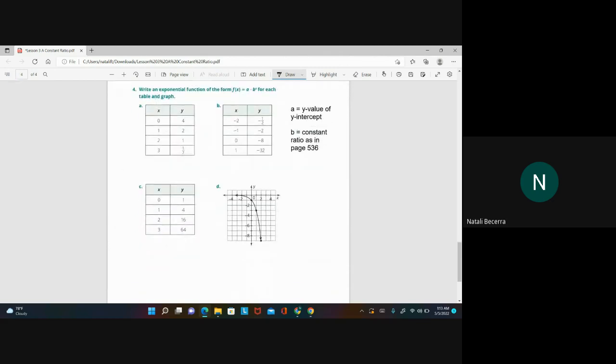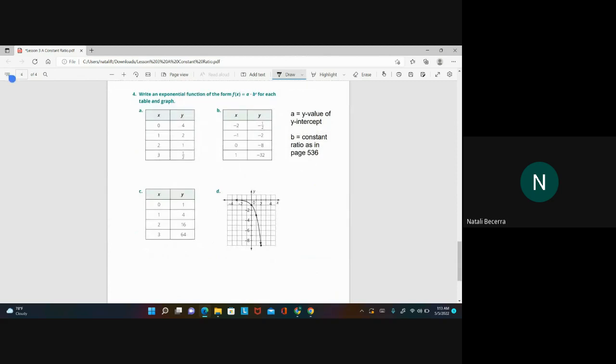All right, moving on. Write an exponential function of the form f of x equals a times b to the power of x for each table and graph. So this is the equation for exponential functions, okay? The a is your y-intercept. That's the starting point. The b is the constant ratio, just like how we did on page 536.